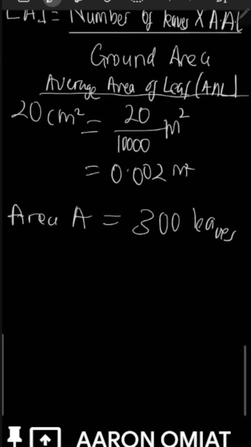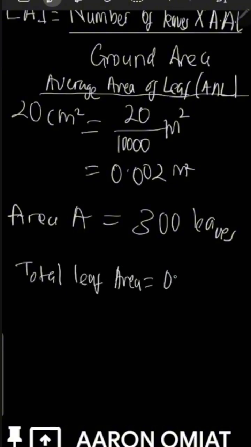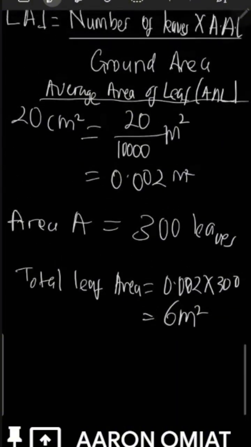So our total leaf area shall be 0.002 times 300, which I think gives us 0.6 meters squared.